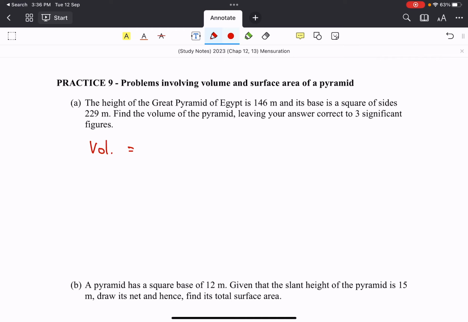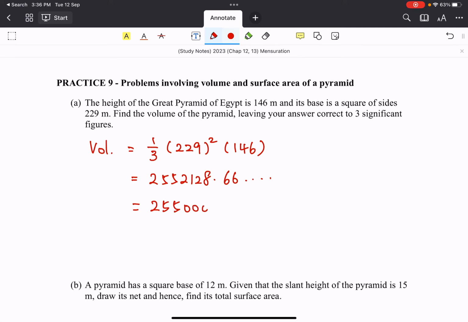The volume is 1/3, and the base, since it's a square, is 229 squared, times the height, 146. Working this out gives 2552128.66 and so on. We want three significant figures, so it will be 255,000 cubic meters. That is the volume of the pyramid. It's a huge structure.